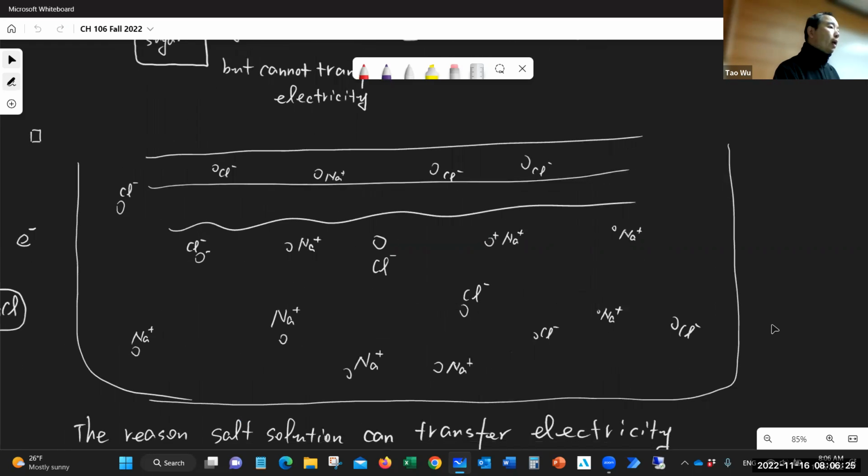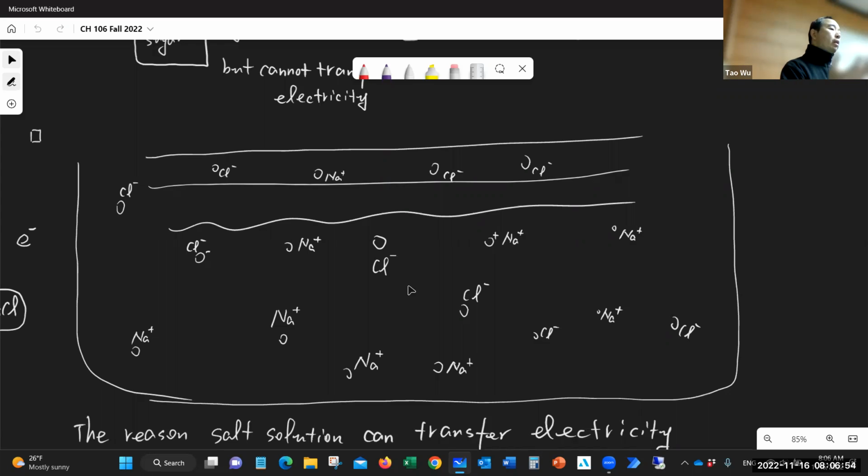And we talked about what happens when sodium chloride dissolves in water. When it dissolves, there are no more sodium chloride solids. Instead, they become sodium ions and chloride ions, the cations and anions that make up the sodium chloride compound.